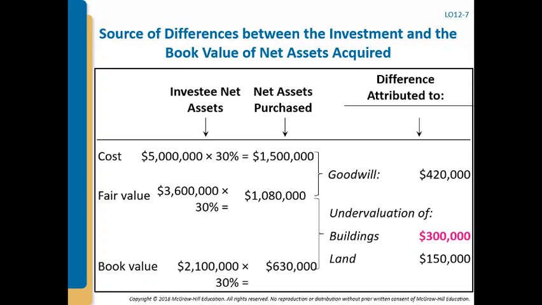All right, so they kind of got this a little mixed up. It says cost, and it's kind of confusing, but okay, so what they mean there by cost is the purchase price was 1.5 million, which is 30% of the fair value of the assets of 5 million. So I guess from that standpoint, that is correct, that it's the cost because it's the purchase price.